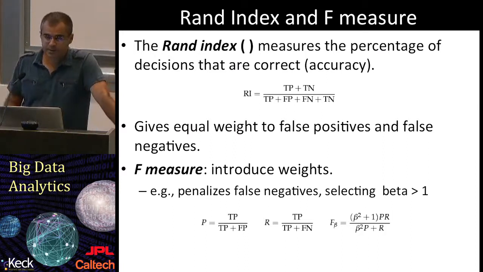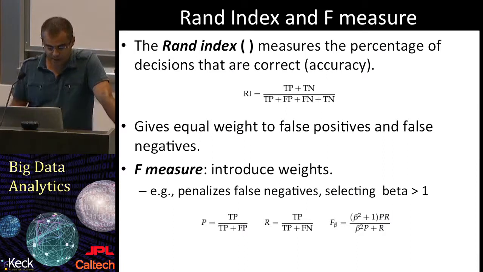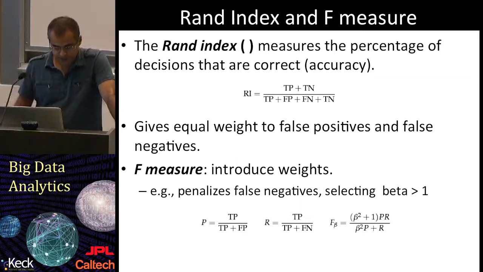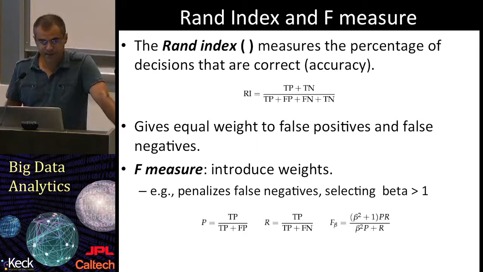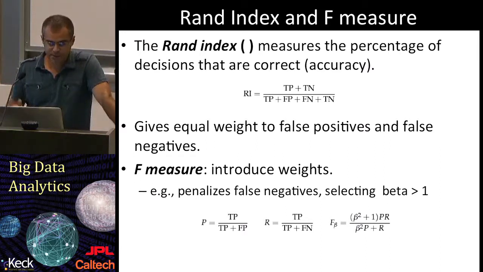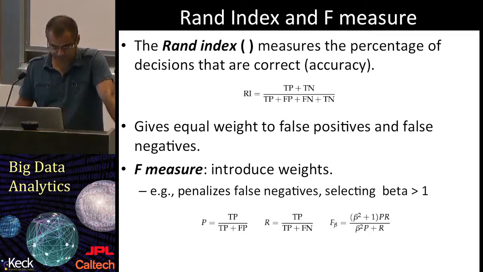But as we have also seen in classification, we may want to penalize one of the two. So we can introduce weights and use the F measure. If you see the formula of the F measure, there is a beta parameter, and if we want to penalize the false negatives, it's sufficient to put beta greater than 1.